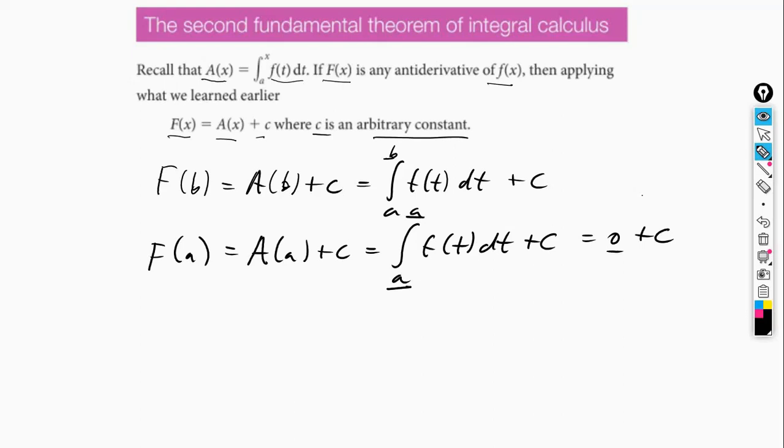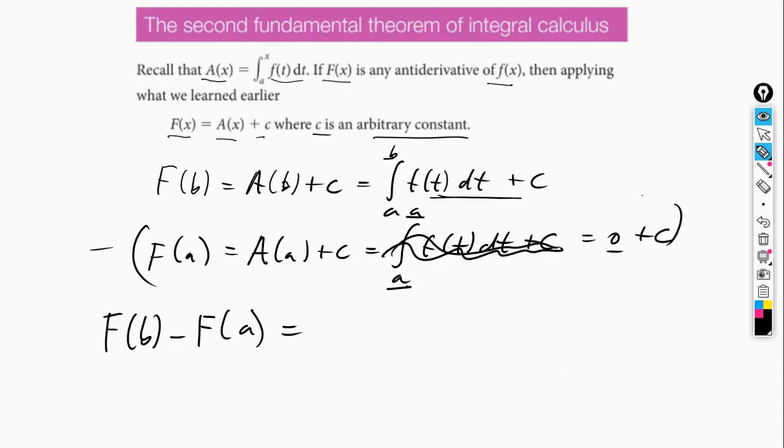So then if we subtract these two expressions, if I subtract this from the top expression, I'm going to get that capital F of b minus capital F of a, in other words, the antiderivatives, is going to equal the integral from a to b of f of t dt, because the c cancels out.